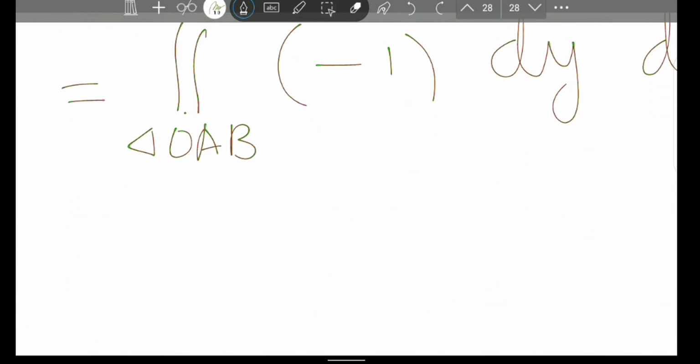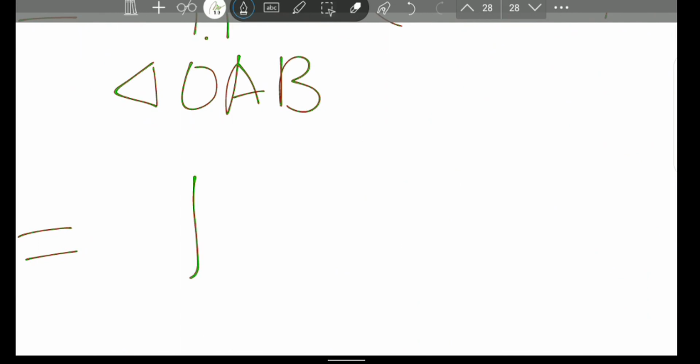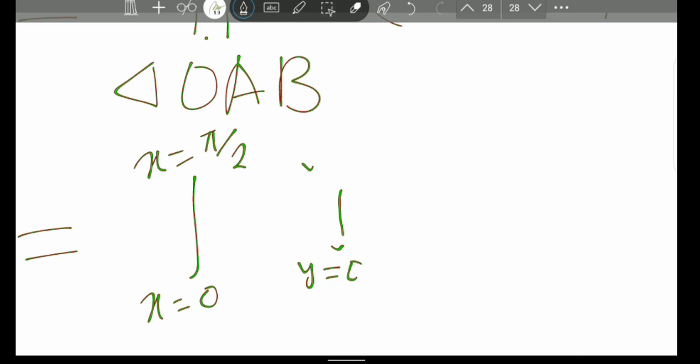We'll cover the triangle OAB if we change x from 0 to pi by 2 and y from y equal to 0 to y equal to 2x by pi.